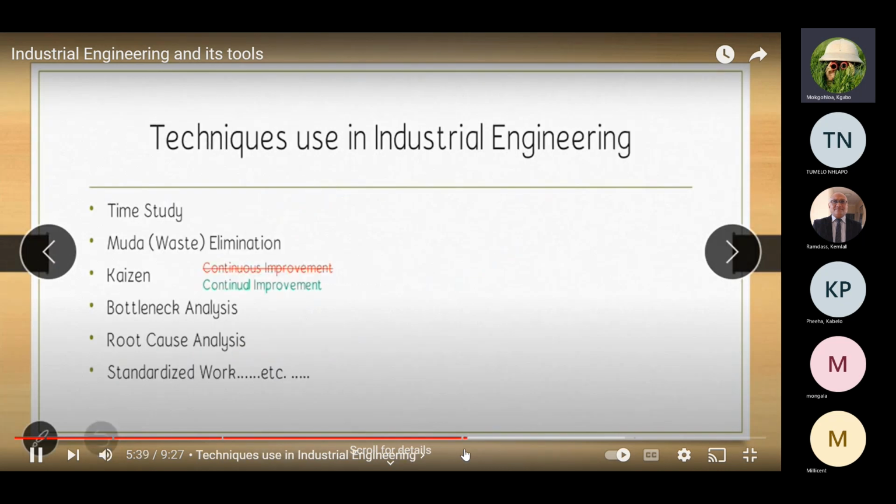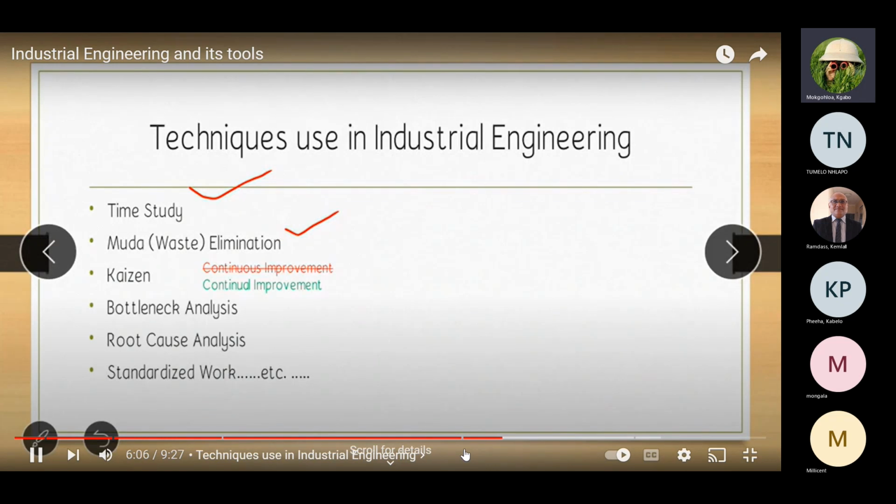Then we will talk about the techniques used in industrial engineering. The first technique, which I already discussed, is time study. If we need to do time studies or cycle time reduction, we have to do the time study. Then muda elimination. Muda is a Japanese word, it means wastage. We have a total of 9 wastes.